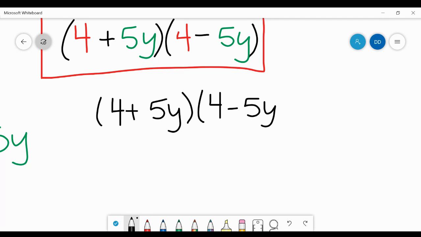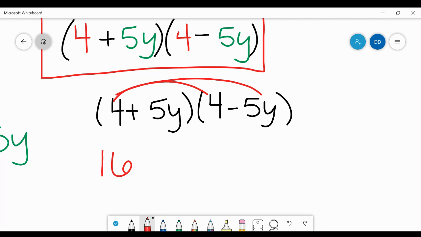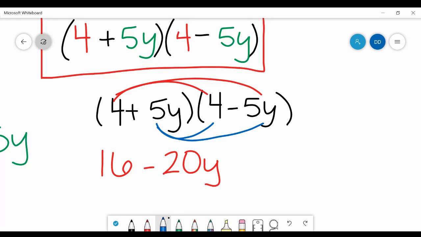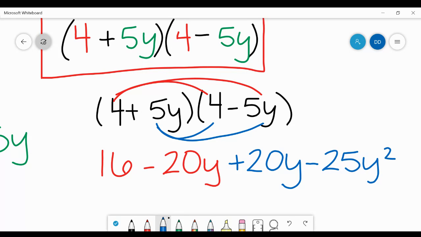So I'm going to take the 4 and distribute that twice. 4 times 4 is 16. 4 times 5y is a negative 20y. Then I'm going to distribute this positive 5y twice. 5y times 4 gives us a positive 20y. And then 5y times negative 5y gives us a negative 25y squared.